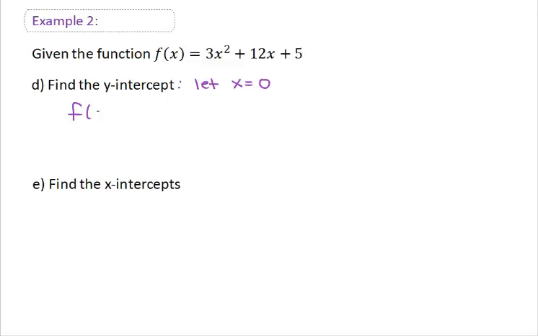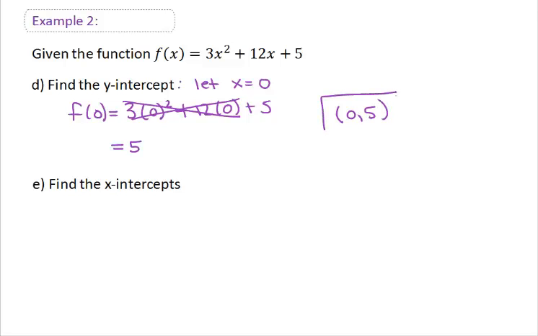So f of 0 gives us 3 times 0 squared plus 12 times 0 plus 5. Well, almost everything cancels out, and that just leaves us with 5. That tells us the ordered pair of our y-intercept of this graph is 0, 5.